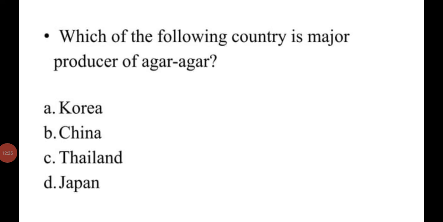Agar agar powder is produced from marine algae, that is Gelidium, and the major country for production of agar agar powder is Japan, and in Japan it is known by one name, that is kanten. This agar agar powder has no flavor, no odor and no color, and it is a solidifying agent for the preparation of culture media.